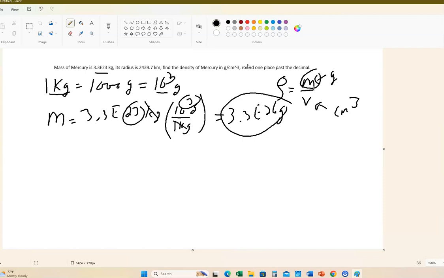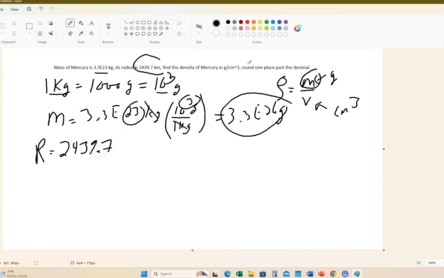Now the volume is more complicated. What we have to do here, and this sometimes is a little confusing, is change the radius from kilometers to centimeters. It's the same procedure. The radius is 2,439.7, and right now that's kilometers.